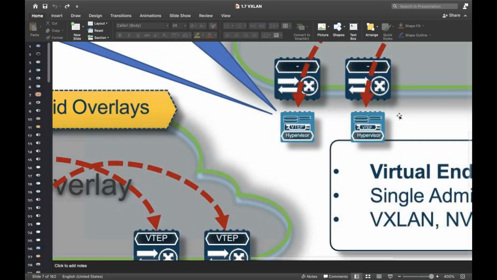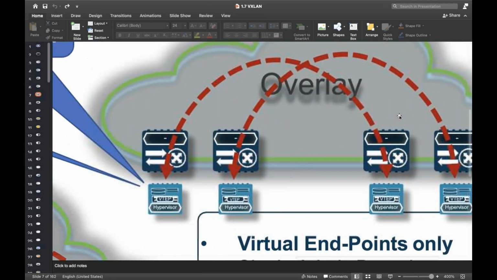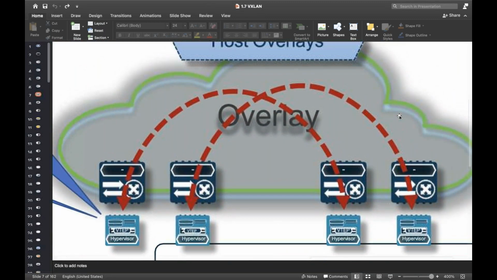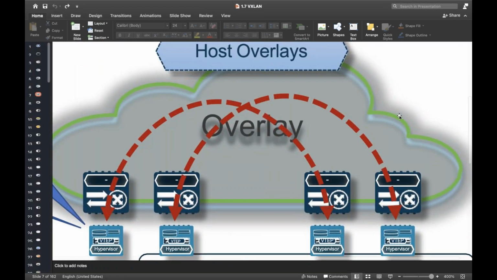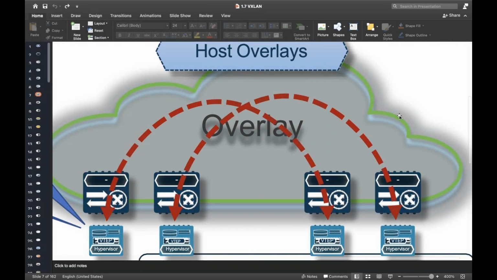Yeah. So our host overlay, trying to bring it more closer to you. Yes, here. Because the slide share mode was not sufficient.